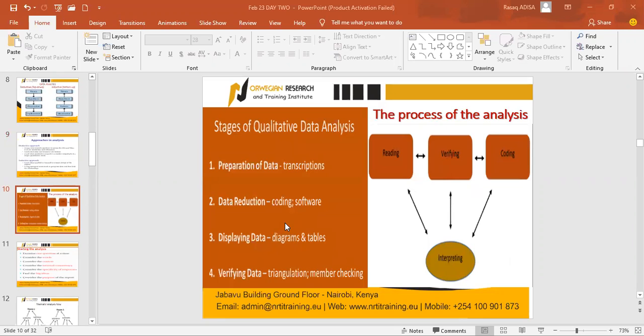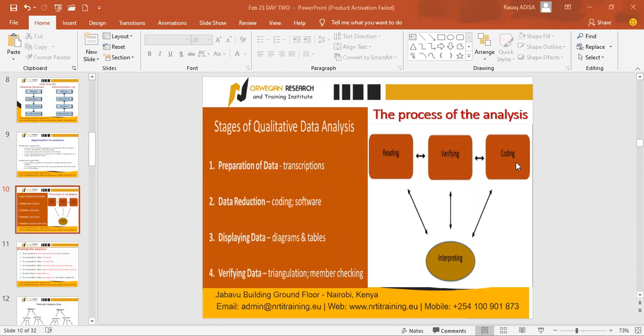Now, we talked about stages of qualitative analysis. Specifically, I talked about transcription the other time. That is the first stage. But in achieving that, the process is you have to read, verify, code, come back again, read, verify. So it is a process of back and forth, go forward, come back, go forward, come back.